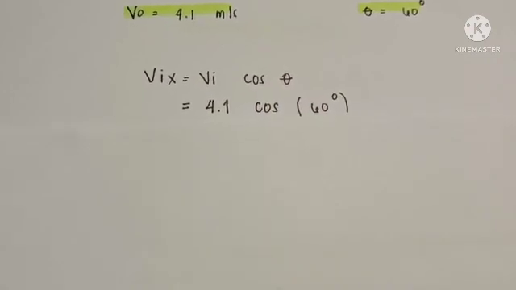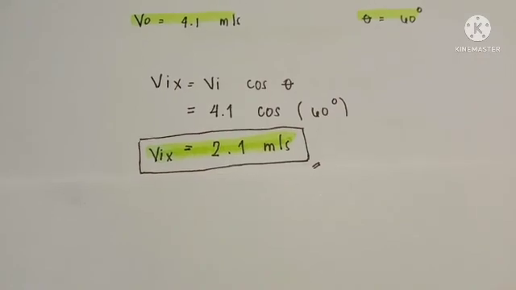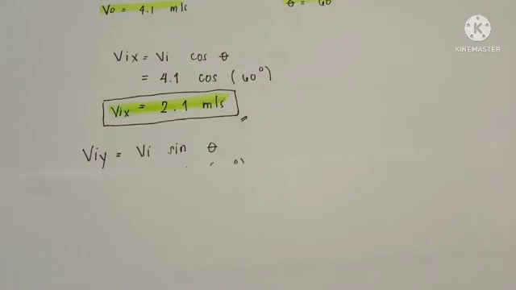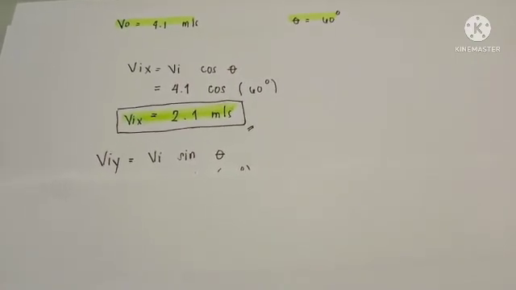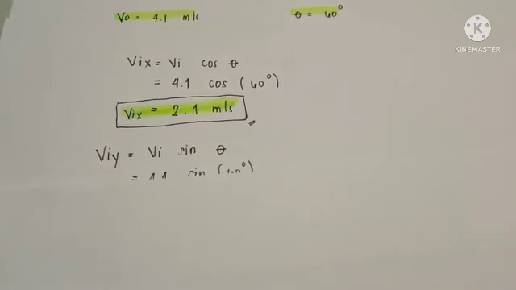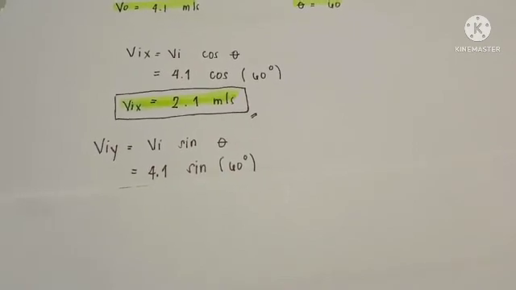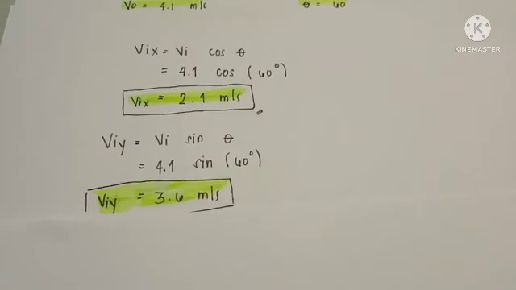So 4.1 cosine 60 degrees, and our final answer here is 2.1 meters per second. For the initial velocity in the vertical direction, the formula we are going to use is Viy is equal to the initial velocity times sine theta. Our initial velocity is 4.1 sine 60 degrees, so the answer is 3.6 meters per second.